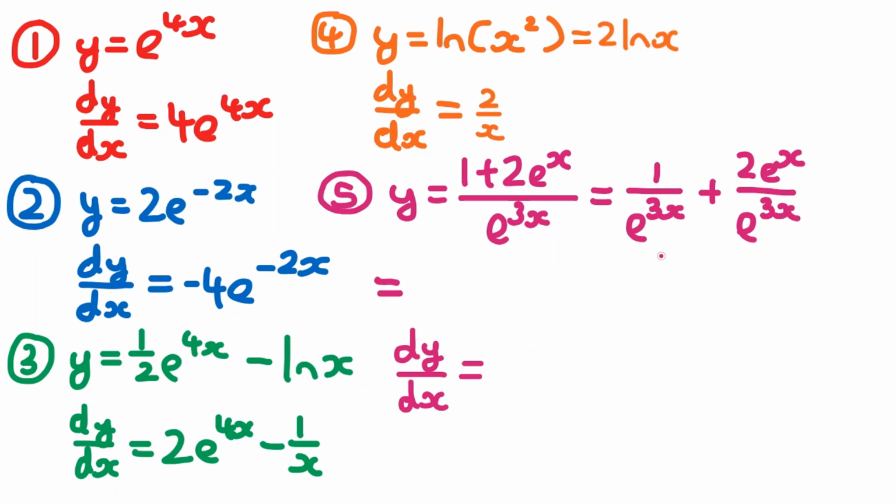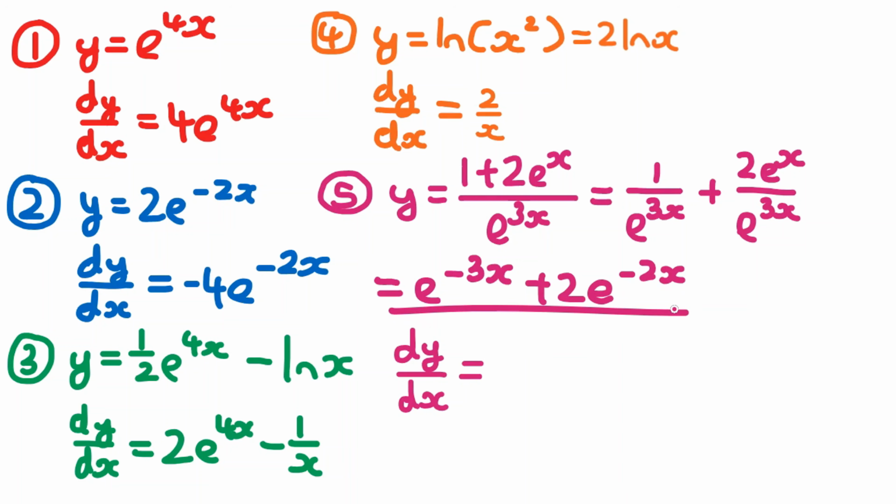And what's good about this is we can simplify this as e to the power of minus 3x, and this is plus 2, and then it's e to the power of x over e to the power of 3x, which is going to be e to the power of x minus 3x, which is e to the power of minus 2x, and this here we can differentiate directly.